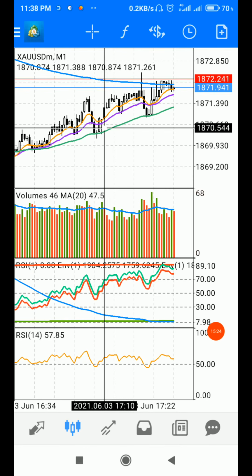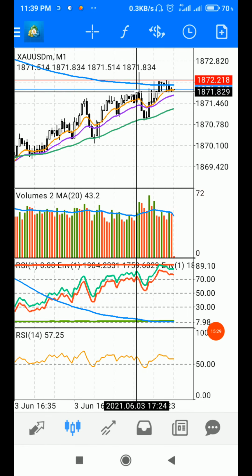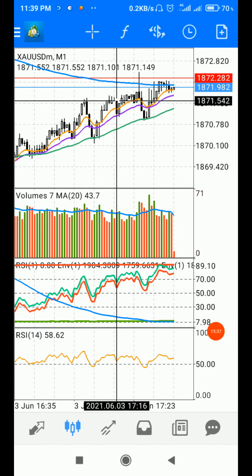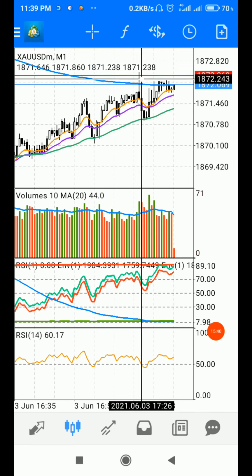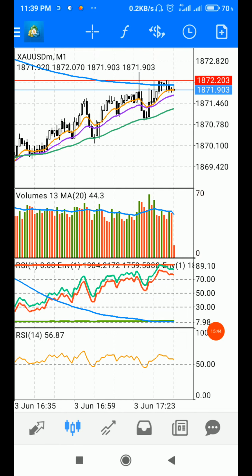So if we see here that after price going here from this area to this area, if you see here, if we draw this, okay, let's talk.